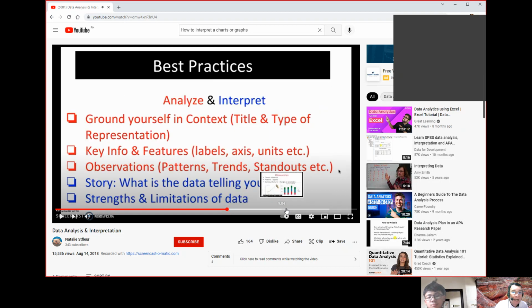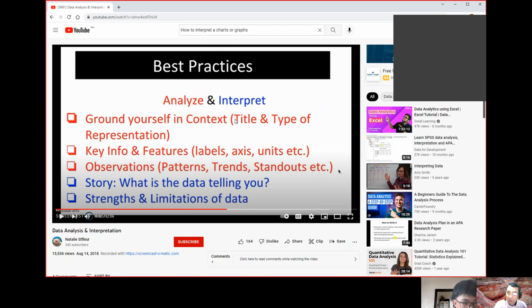I just wanted to point out this one because this one is very, very important, because later on, we are going to analyze and we are going to interpret. So why is analyzing the first step before we can move on to the interpretation part? What do you think, Koi?